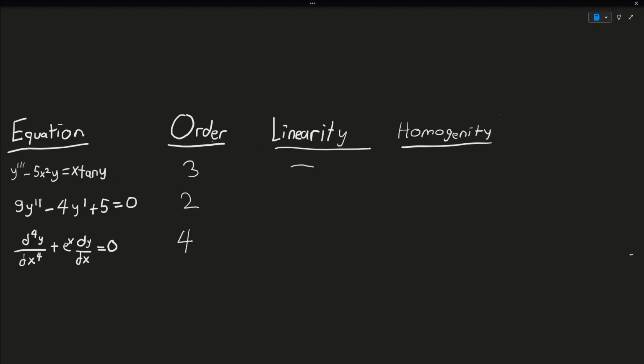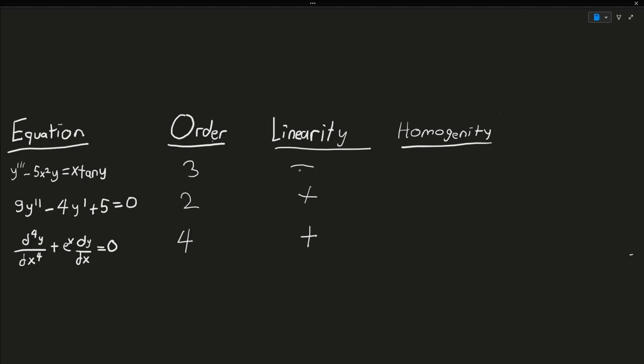In this second problem, there is nothing that is causing a nonlinearity. We have a y double prime, y prime. We don't have a y, which is fine. So this will be a linear differential equation. Over here, likewise, there is nothing crazy going on. We have a fourth derivative and a derivative, but these are just multiplied with an x function, so these are just fine. So this is a linear differential equation.